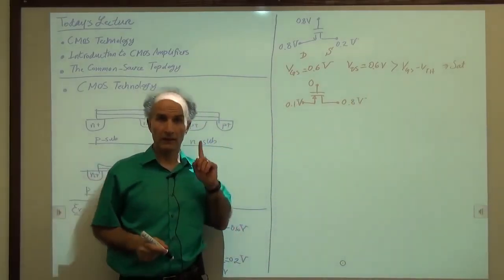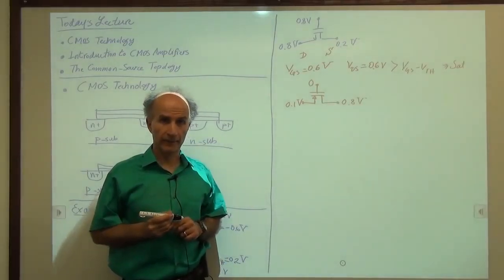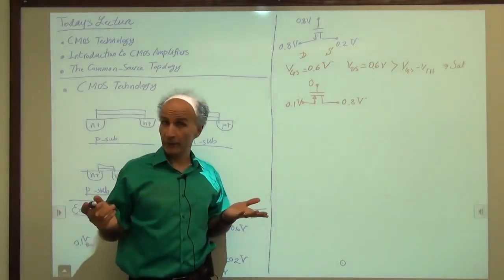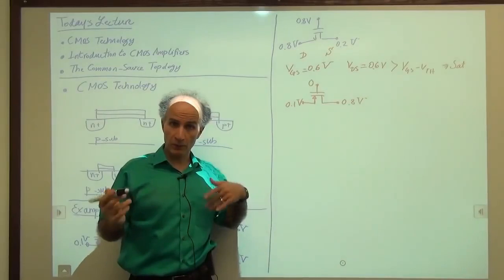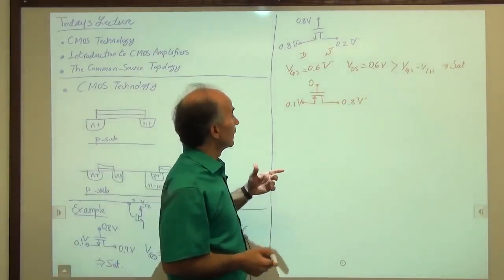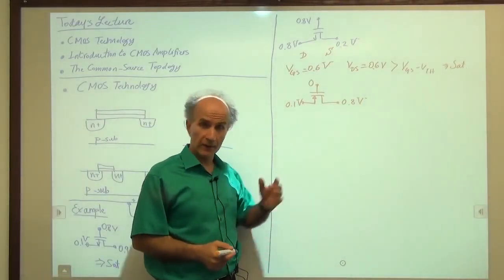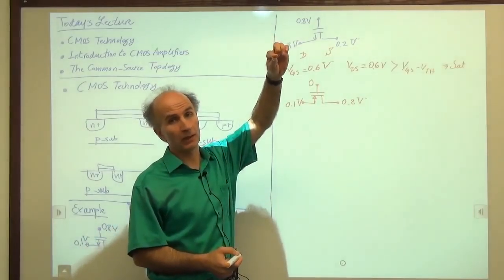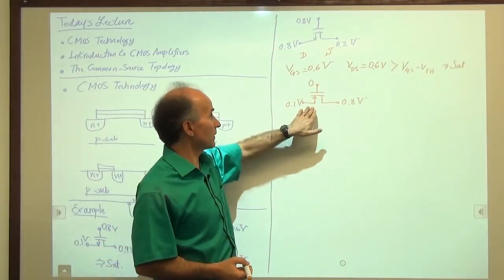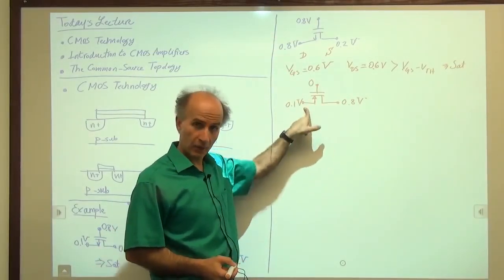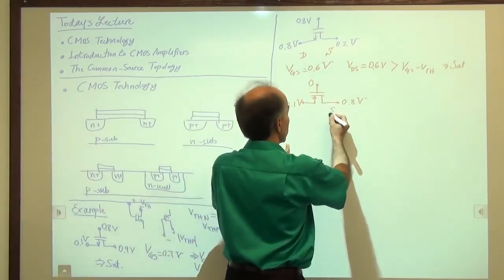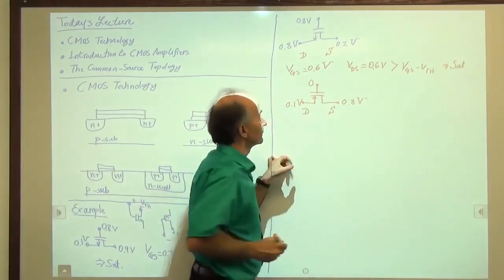First question, is the device on or off? Okay, well, first we have to decide which one could be the source, which one could be the drain. We know that in a PMOS device, the source has to be more positive than the drain, right? So which one of these could be the source? This has to be the source, and this has to be the drain.